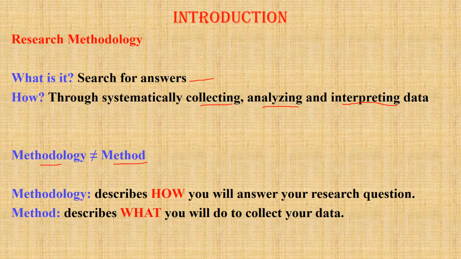So methodology describes how you will answer your research questions, while method describes what you will do to collect your data. In other words, methodology deals with the rationale of your research, while method deals with the tools for data collection.